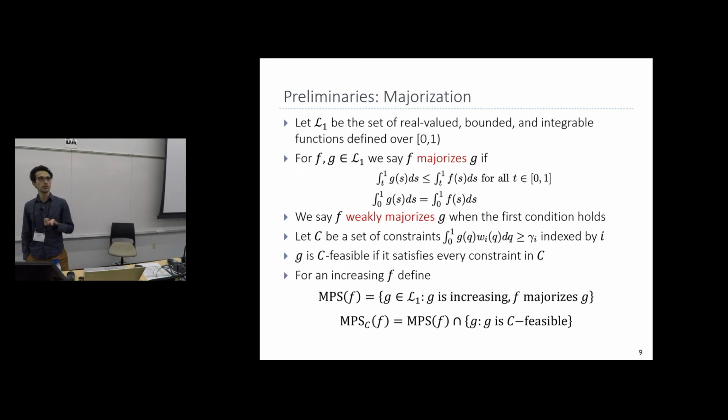So for two such functions f and g, we say f majorizes g if these two conditions hold. The first one says that the integral of g should be at most the integral of f, where the integral is taken from t to 1, and the inequality should hold for all t. And the second one says that the inequality that we looked at earlier should be satisfied for t equal to 0 with equality.